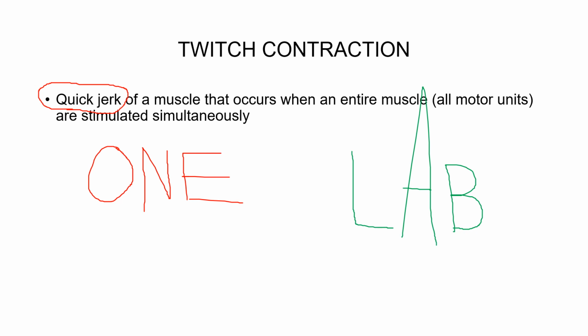The only way you actually illustrate this is in a lab, where we have a probe that sends electricity to the muscle, controlled by a computer, and you only shock the muscle one time. We can introduce multiple twitches at a time, but they have different names for those things. So a true twitch is just one contraction due to one stimulation of the entire muscle.